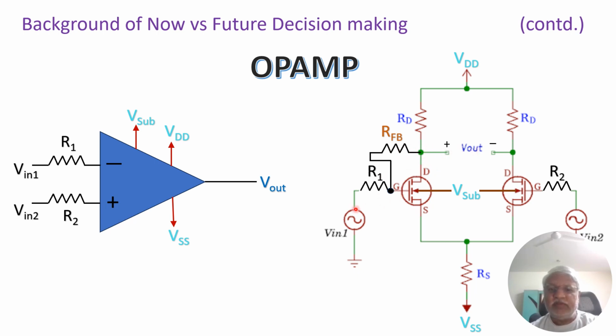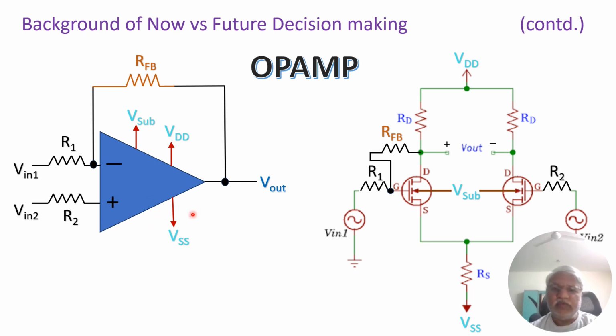That is how the high open loop gain of the op-amp will be controlled through the feedback resistor. In the same way, in the symbolic view, it will be shown in this fashion: output, this one, and the feedback resistor, this one. So this is how the equivalent circuits are configured.